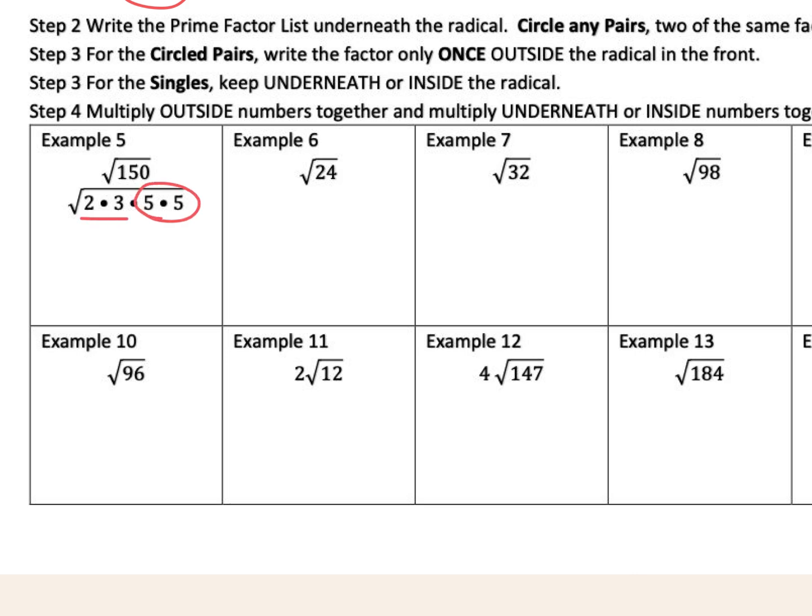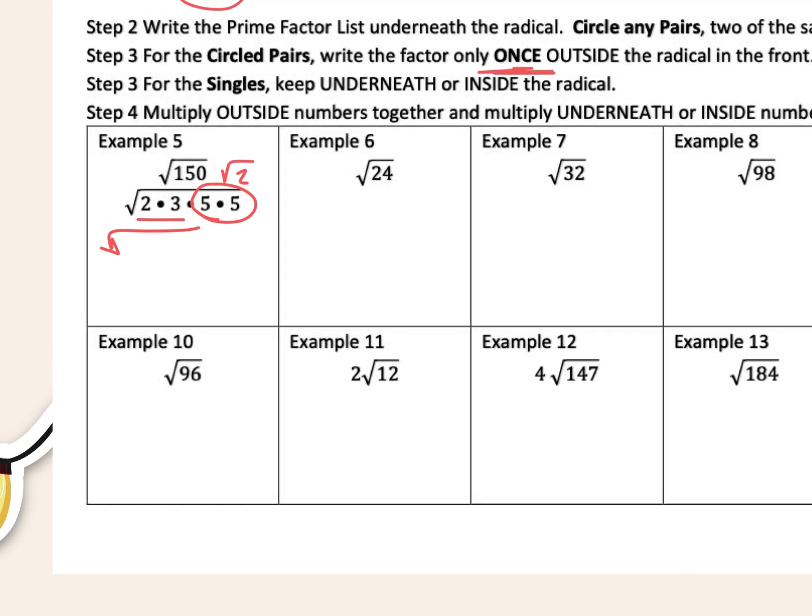Underline our singles. And here's the key. You've got to put that circled pair outside once, because we said this was the square root of 25, which is 5. So when we write that, that's going to go on the outside one time. And then we still have our 2 times 3 inside, and 2 times 3 is 6.